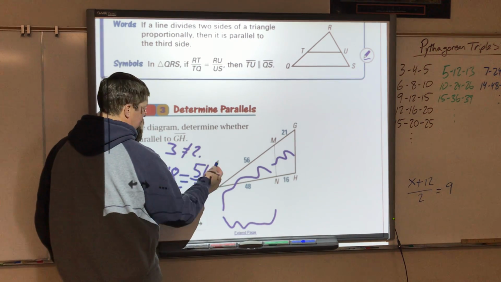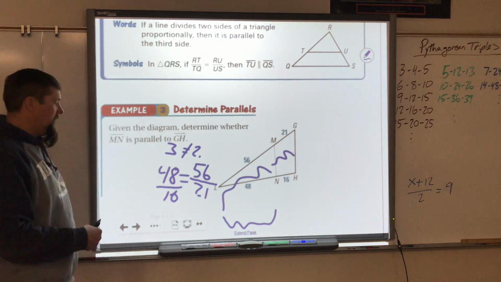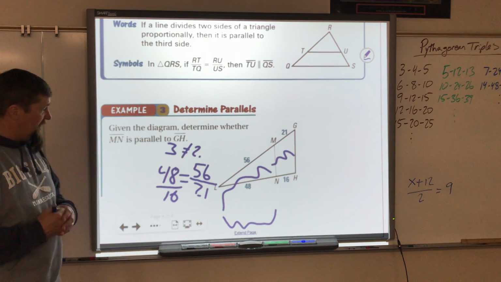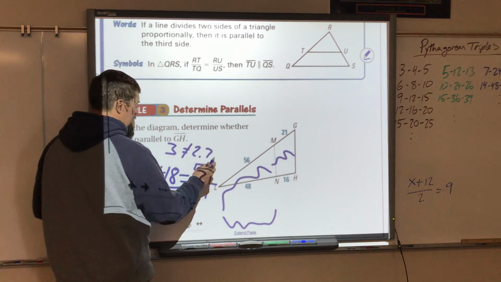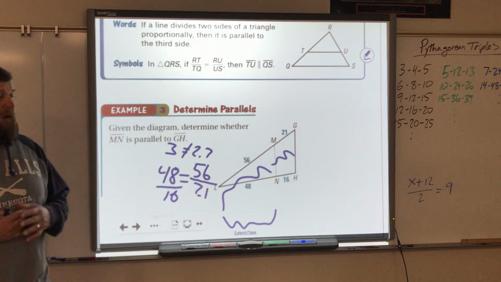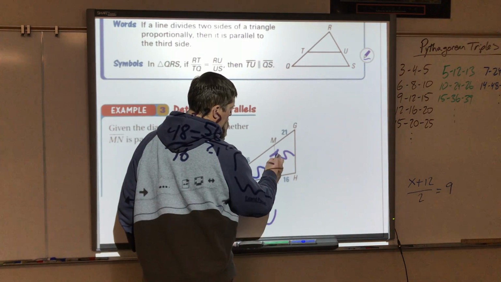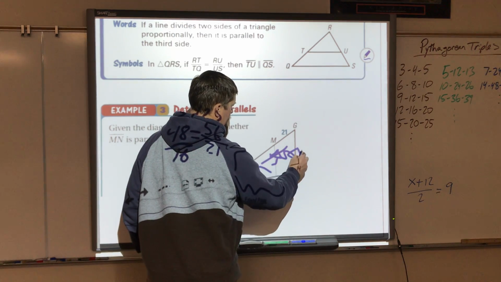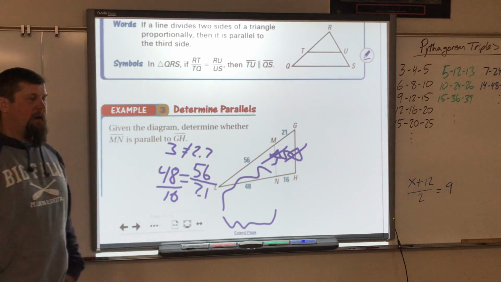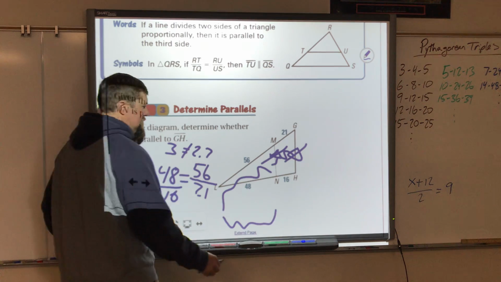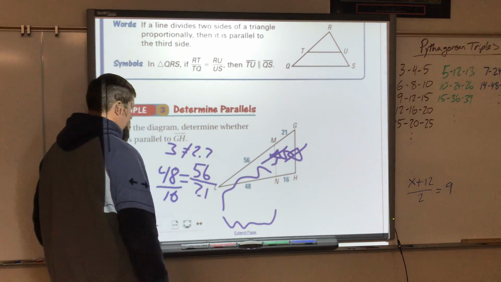It's 2 point something, somewhere around 2.7 maybe. So they are not equal, so these lines are not parallel, because the sides are not proportionate.